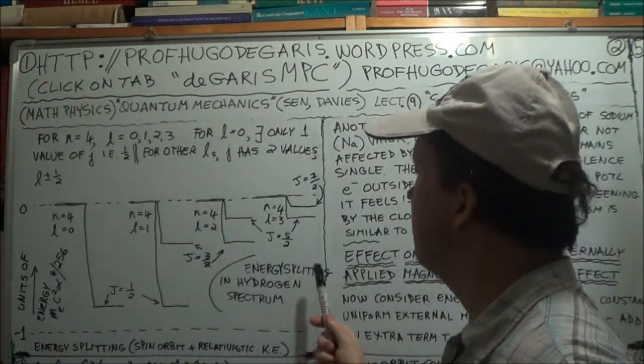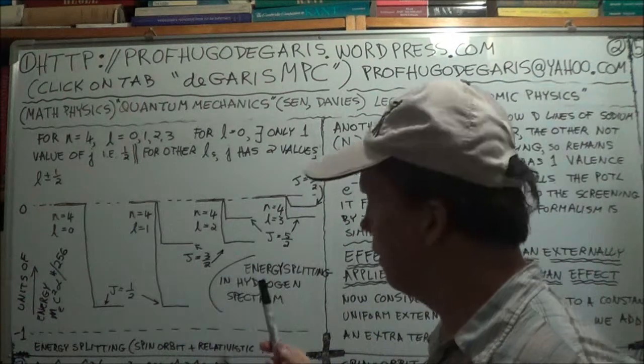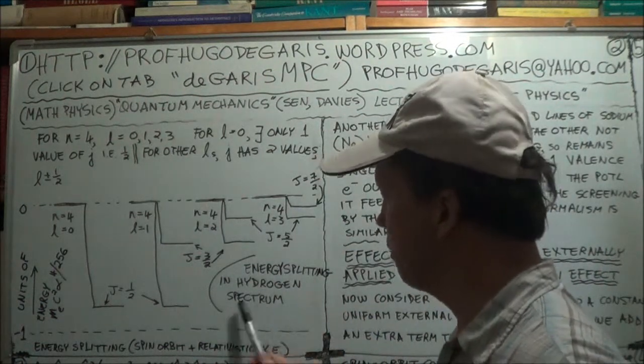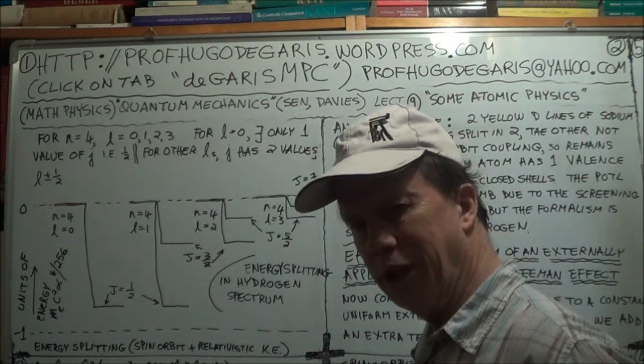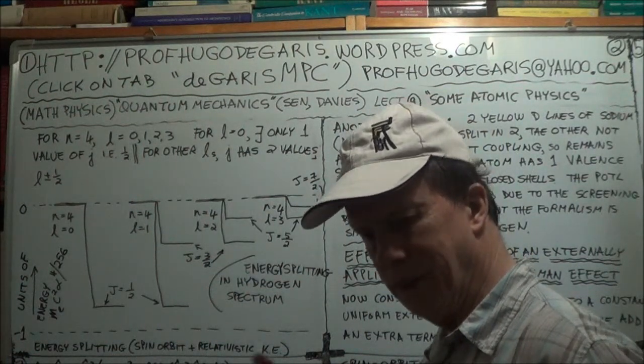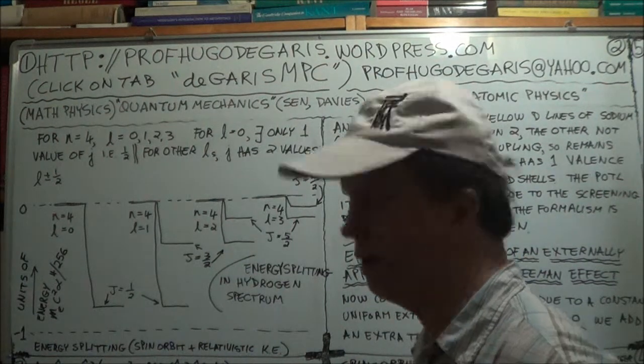Right. So this diagram is indicating the energy splitting for hydrogen. The hydrogen spectrum. When you heat up hydrogen, energy in the form of light rays, photons, is given off.